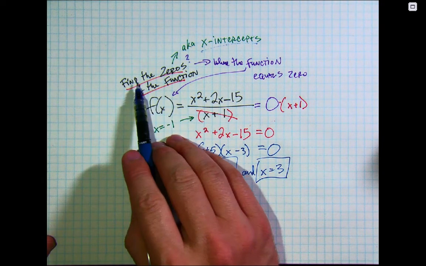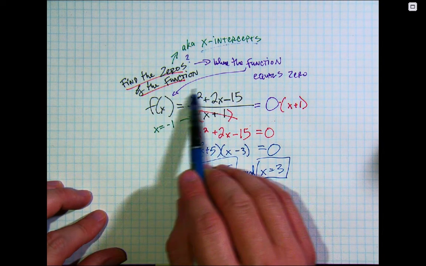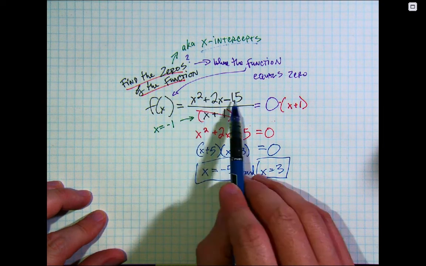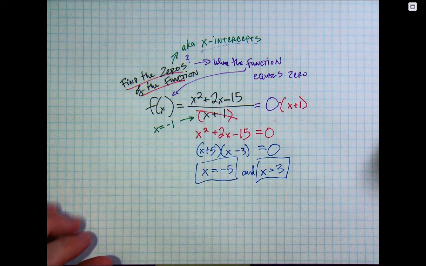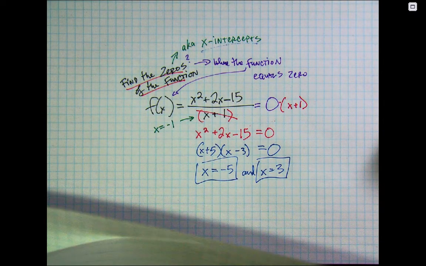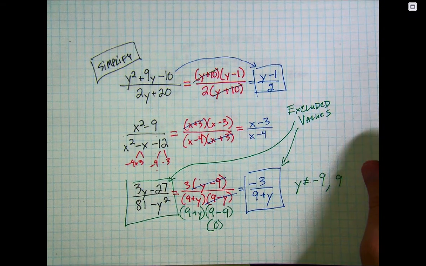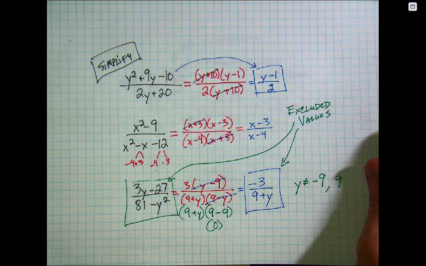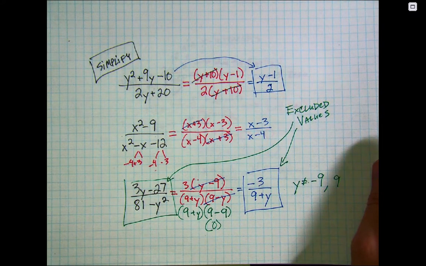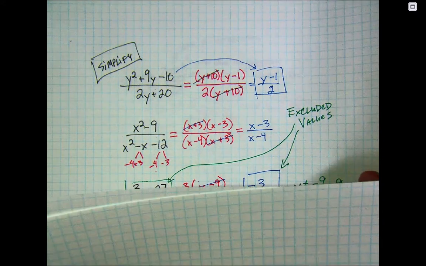Yeah. Okay, so what does it mean to find the zeros of a function? It means what x values make the top, what x values make the numerator equal to 0, instead of looking for what makes the denominator equal to 0. So you are going to, in section 11.3, simplify some rational expressions where you're matching and scratching, but you're only matching and scratching like expressions, like polynomials.